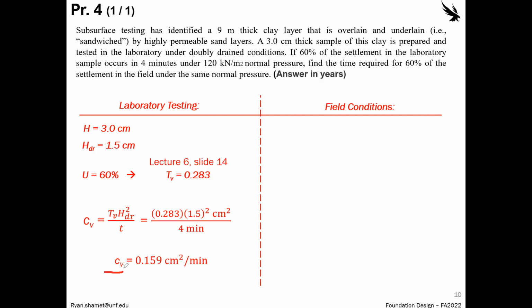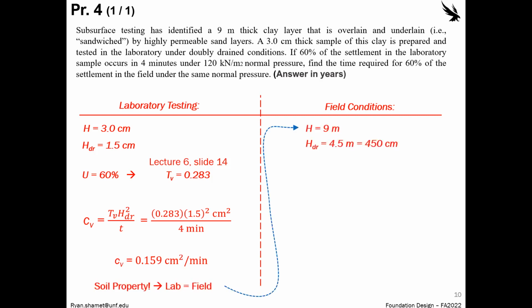Now this CV value is a material property, which means it doesn't matter how we find it, this value is a property of the clay. So we're using the same clay in the field condition, and we can use that to understand how the field is going to react under similar loading.